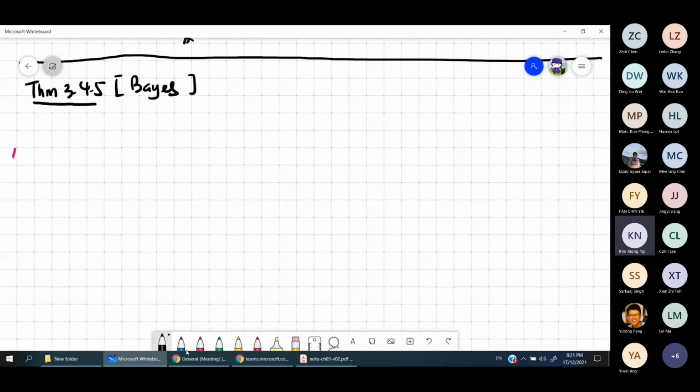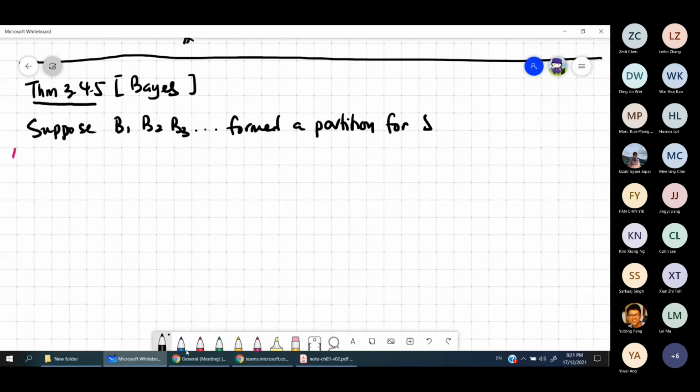Again, we must have a hypothesis. We suppose B1, B2, B3, and so on form a partition for Ω.